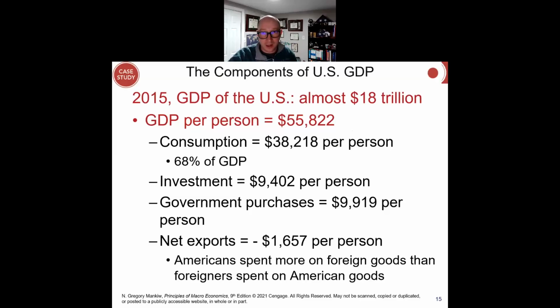Back in 2015, the consumption was 38,218 per person, which was equivalent of 68% of GDP. So 38,218 is 68% of the 55,822. So consumption, 38,218 plus investment of 9,402 plus government purchases of 9,919 plus net exports.